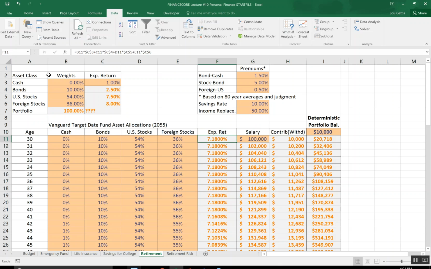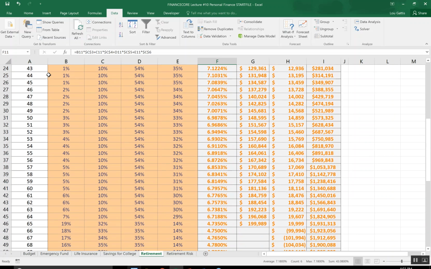Because again, think about the major drawback of this model. I would assume that U.S. stocks and foreign stocks are the riskiest asset classes, and cash and bonds are the safest. However, nowhere in this portfolio does it show me that these portfolios, being all stock, are much riskier than these portfolios.